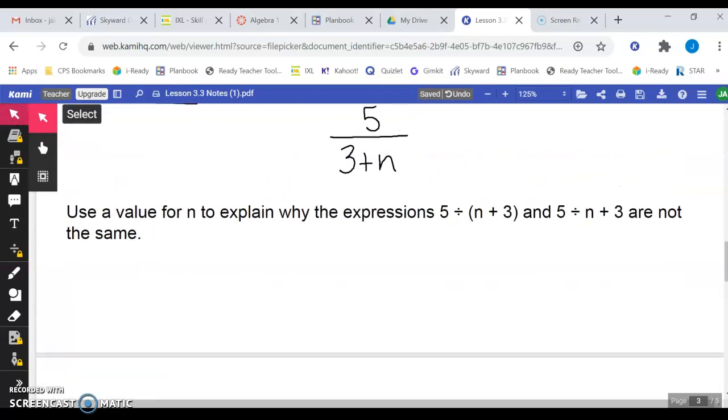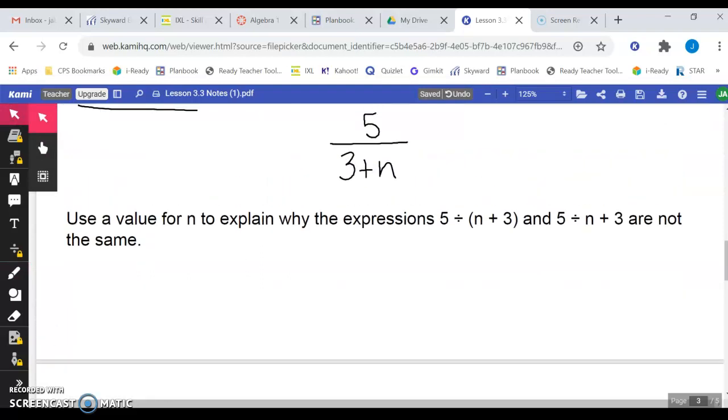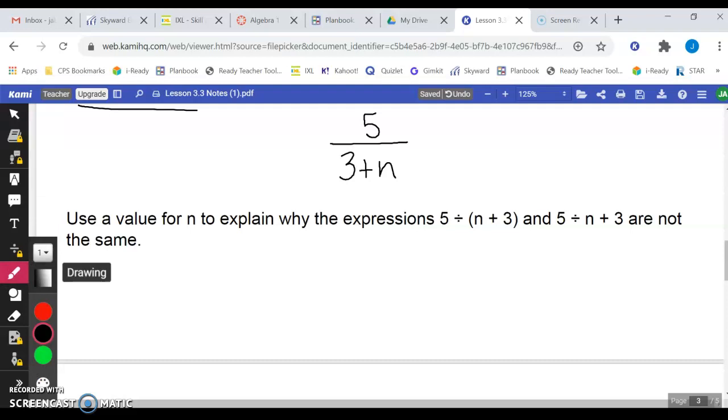Use a value for n and explain why the expressions 5 divided by the quantity of n plus 3 and 5 divided by n plus 3 are not the same. So if I plugged in 7 here, I would have 5 divided by 7 plus 3, which would be 5 divided by 10, and that would give me 0.5.